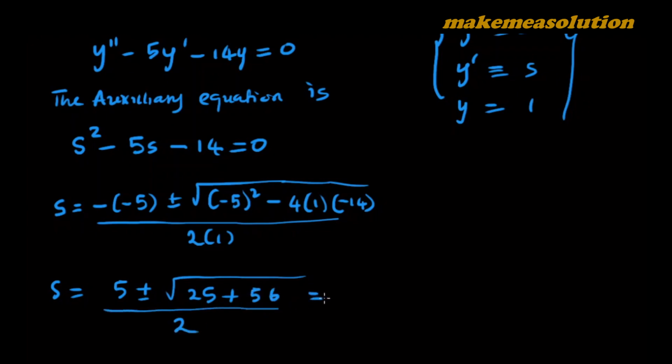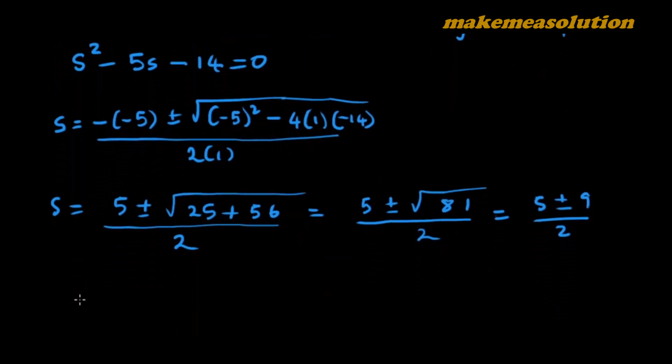So this gives me 5 plus or minus the square root of 25 plus 56, which is 81, all over 2. So we are going to have 5 plus or minus 9 over 2.